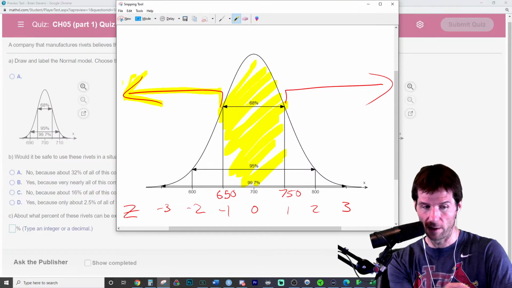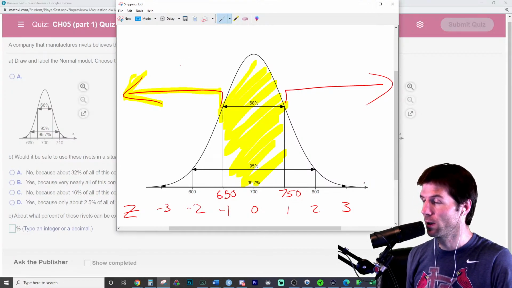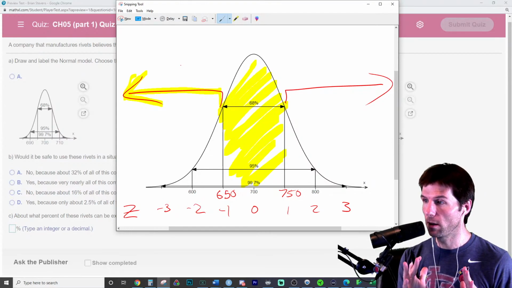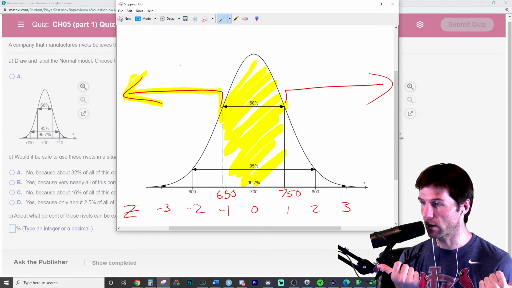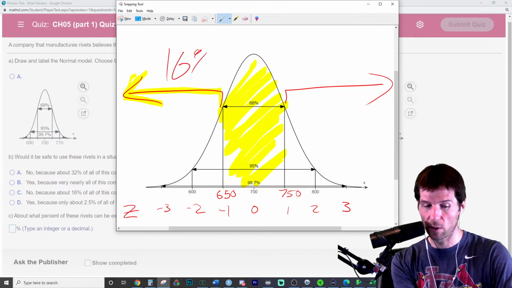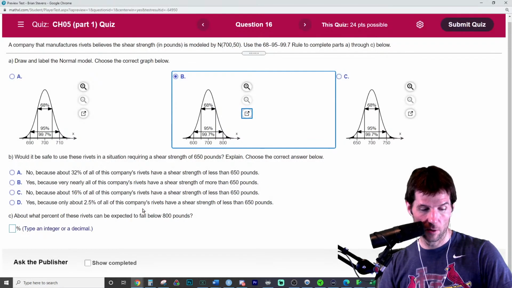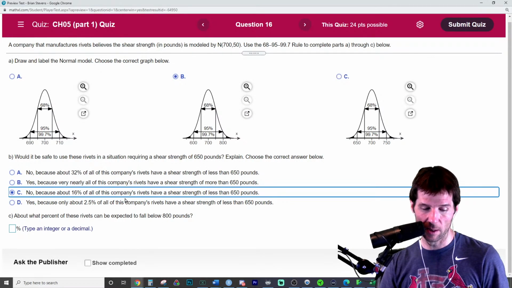So what is below -1? 68 is in the middle, 32 is total on the outside, and that makes 16% below. So 16% of the rivets are not going to meet the goal. So no, because 16% would have a shear strength less than that.